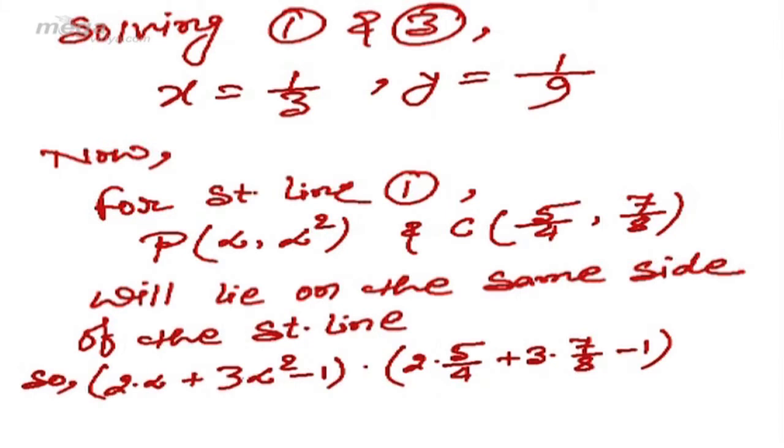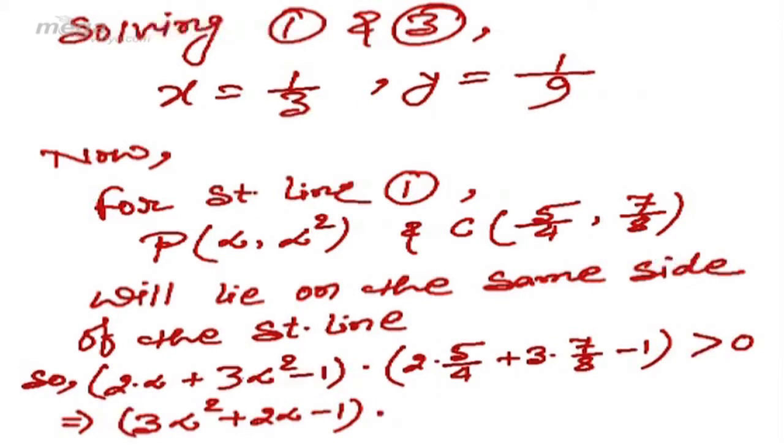It means the product of these two should be greater than 0. Now we will simplify. 3 alpha square plus 2 alpha minus 1, into, in this case, 33 by 8, is greater than 0. Hence, you will get 3 alpha square plus 2 alpha minus 1 is greater than 0.